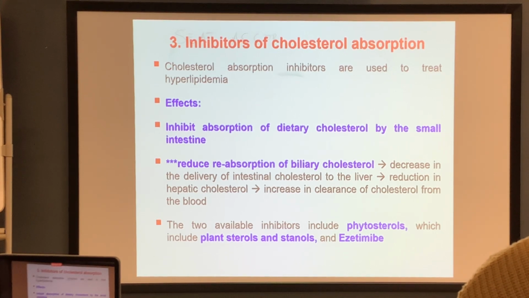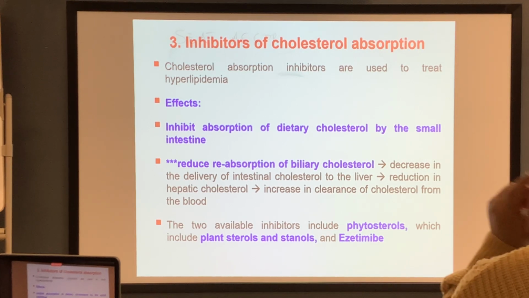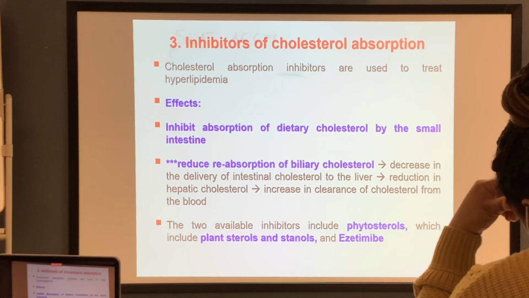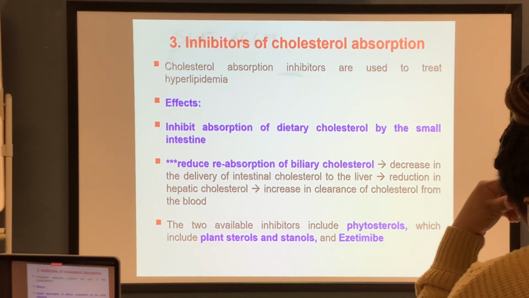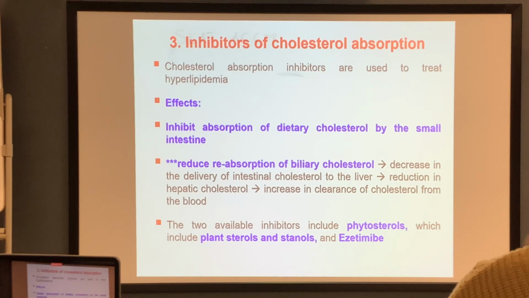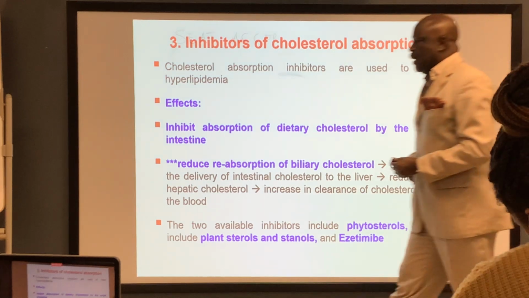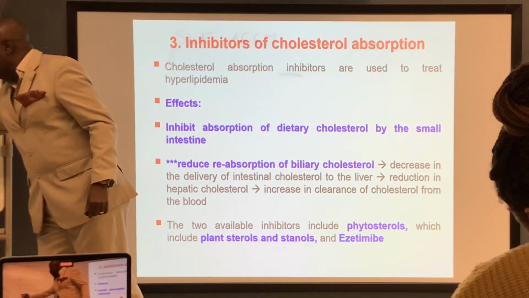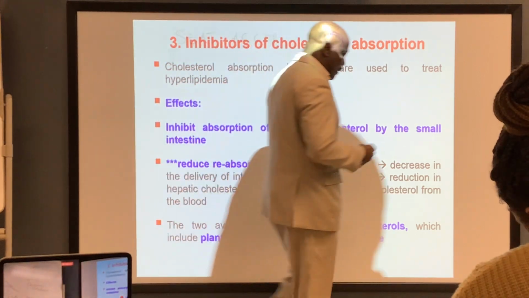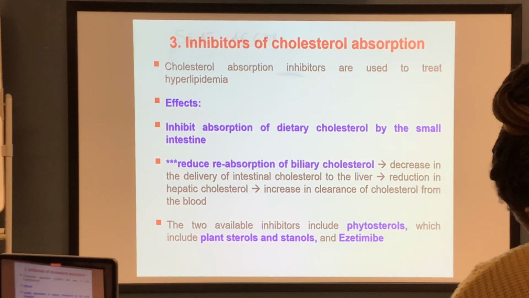The third category would be the inhibitors of cholesterol absorption. These inhibit the absorption of dietary cholesterol in the small intestine. They also reduce the reabsorption of biliary cholesterol. So they make yet another blockade there, on the reabsorption of biliary cholesterol.